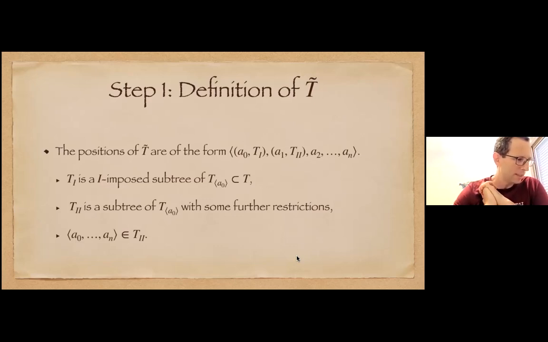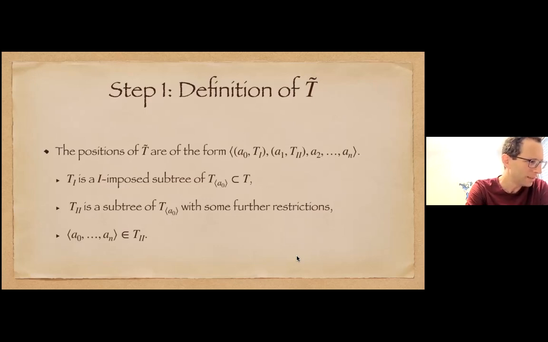The positions are of the following form: the sequence that you see here, A0, T1, A1, T2, A2, and so on. This is how a typical position in T tilde looks like. And now I will try to decipher the elements of this expression.